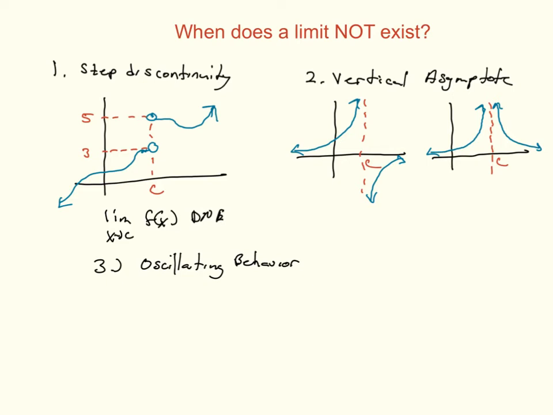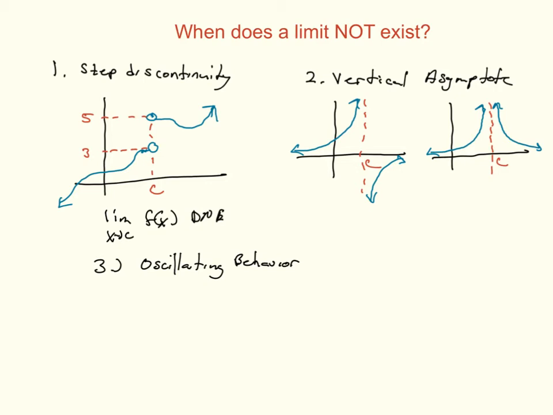But in the second one here, the limit also does not exist. And it really comes from what a vertical asymptote is. What's going on when you have a vertical asymptote? As you approach a vertical asymptote, for very small changes in x, the function values are changing a large amount.